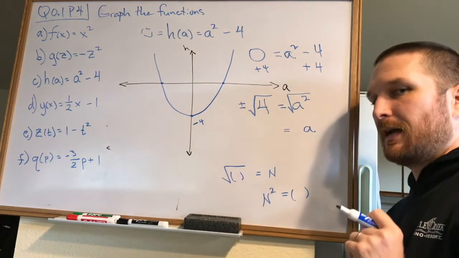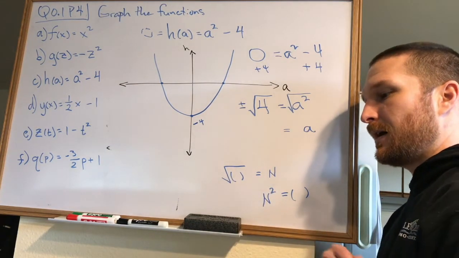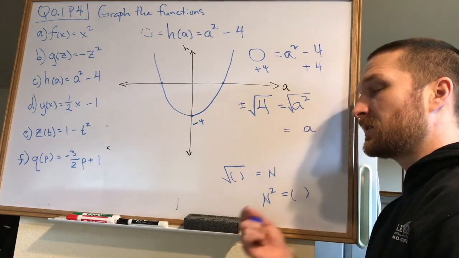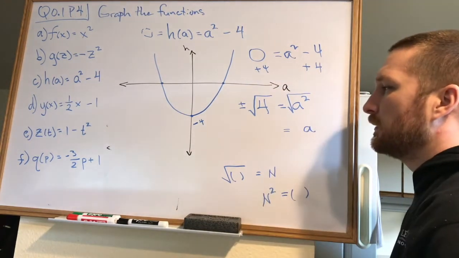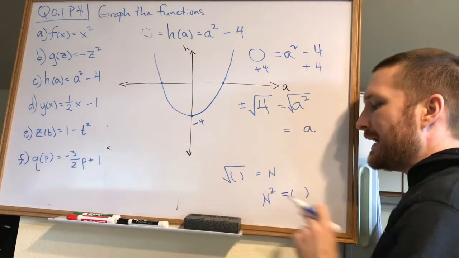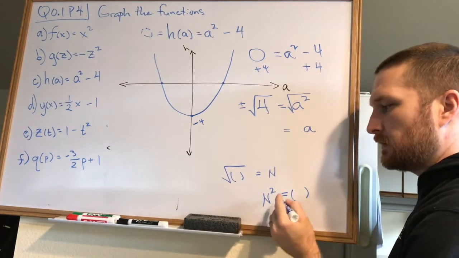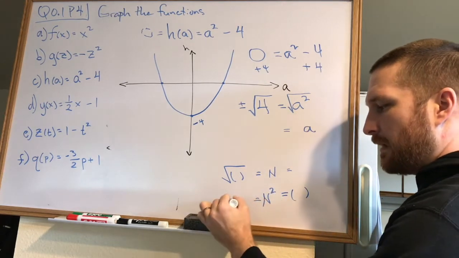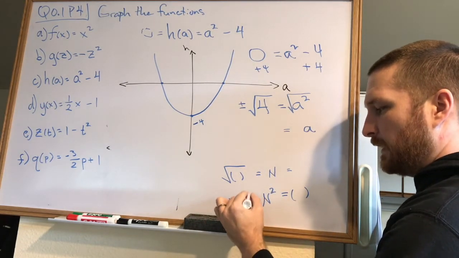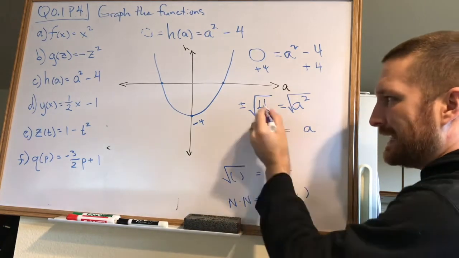In fact, it's the inverse operation of squaring, right? We're just saying, hey, you took a number, multiplied it by itself, and you got whatever is in there.